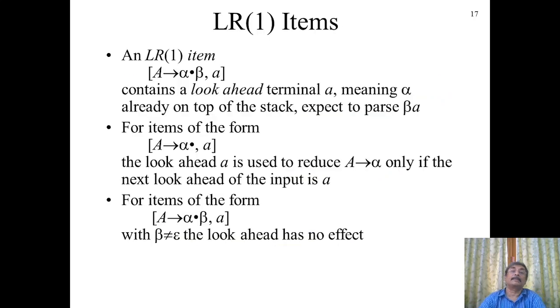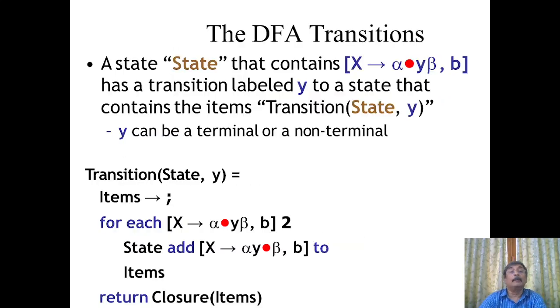And then come the transitions. So the transitions are this. If I have alpha dot y beta, then I add this particular alpha y dot beta. See, the look ahead does not change by that. And then I close this item.